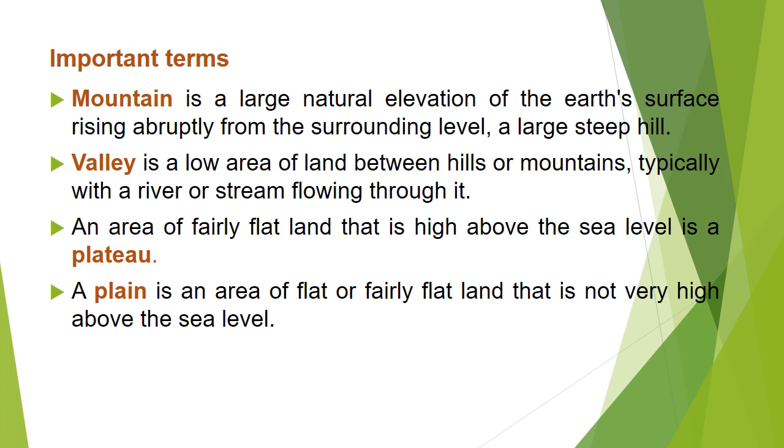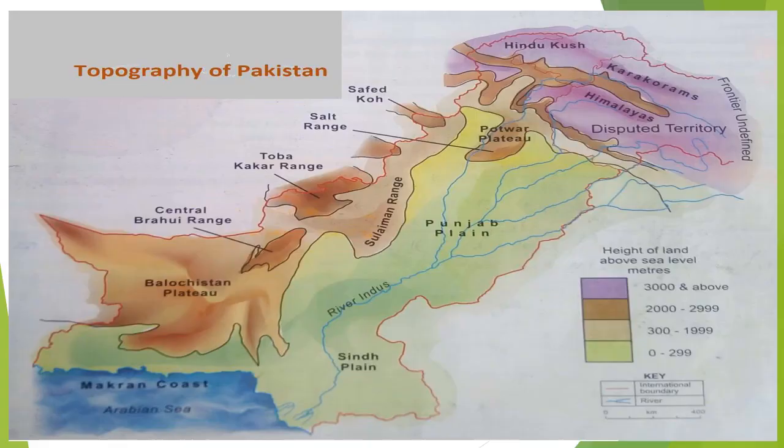So here is the difference between plateau and plain. A plateau is fairly flat, while on the other hand a plain is flat or fairly flat, and a plateau is high above the sea level, while a plain is not very high above the sea level. Okay, next slide.